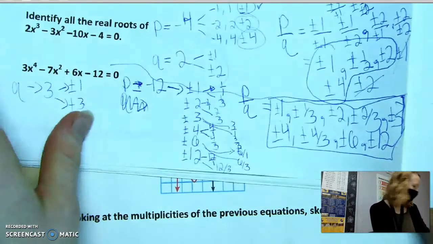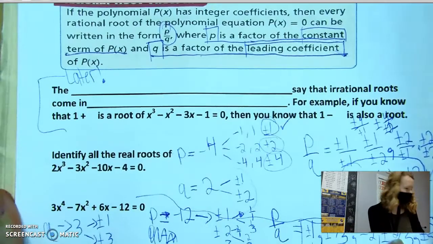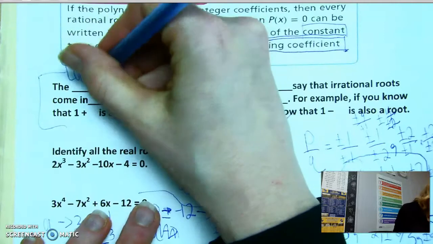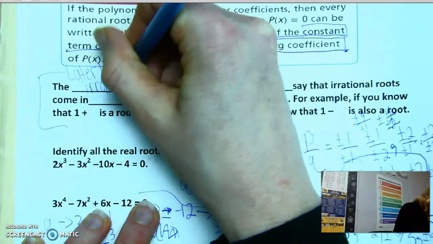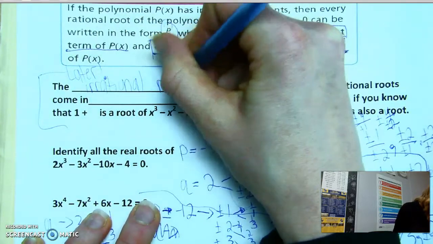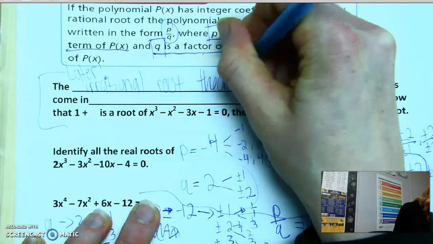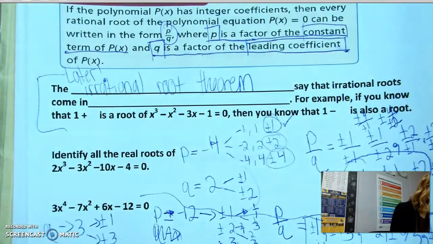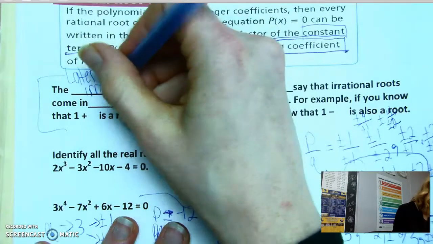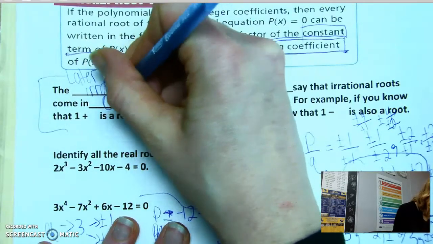So let's come back to what I said we would do later. So the irrational root theorem says that irrational roots come in complex conjugates, or in conjugates.